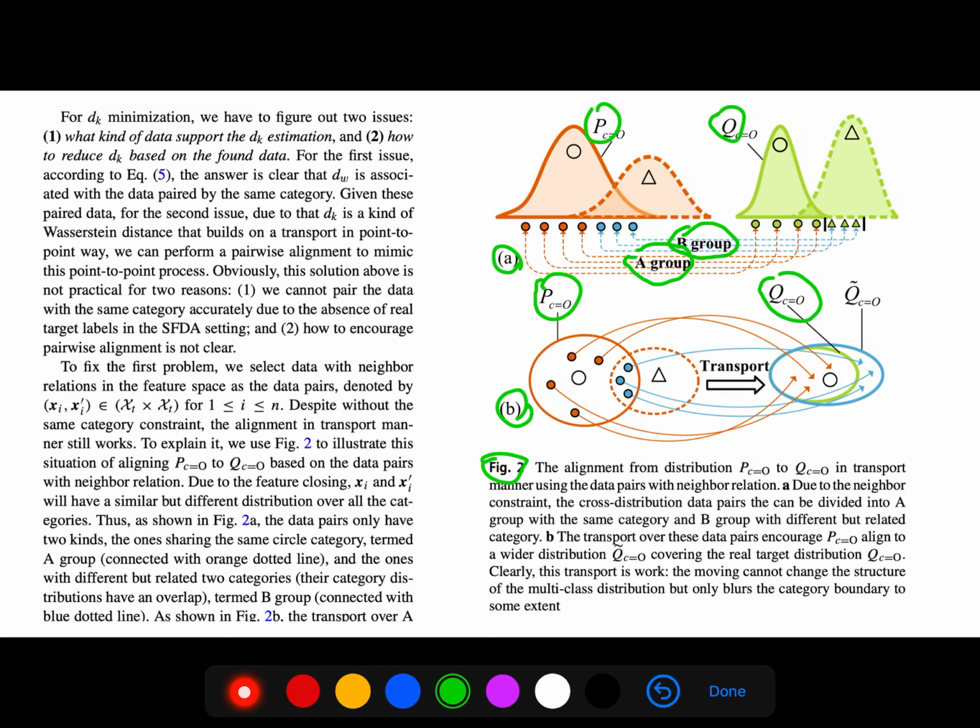And in B, you see that the transport over these data pairs encourages P of C equal to 0 to be aligned to a wider distribution. And this Q tilde C equal to 0 is our wider distribution, which covers the real target distribution Q C0.